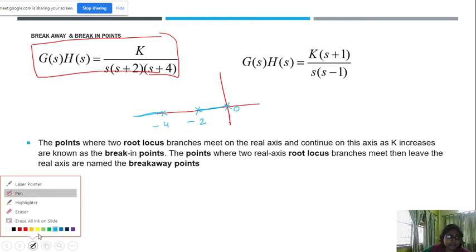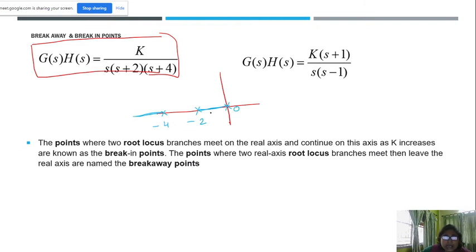Now if they originate and the root locus branch lies here, the root locus originating from this pole will originate in this direction. If I put a direction over here, the root locus which originates from this pole at the origin has this direction, and the root locus originating from this particular pole has this direction, because it cannot go here as there is no root locus branch here.